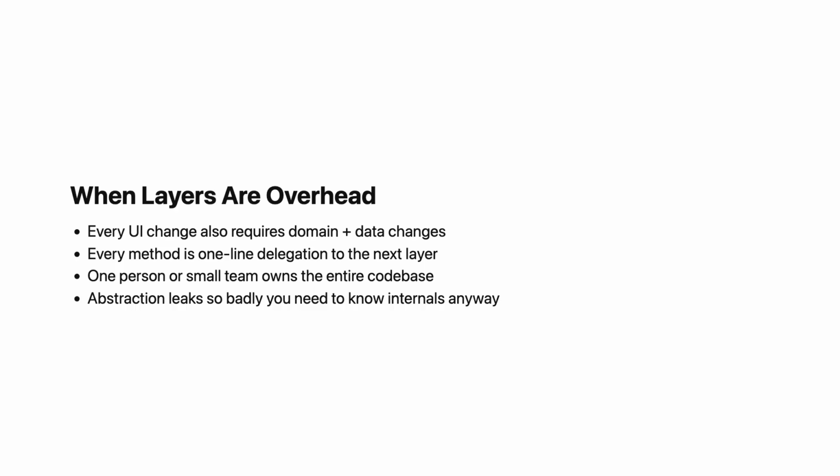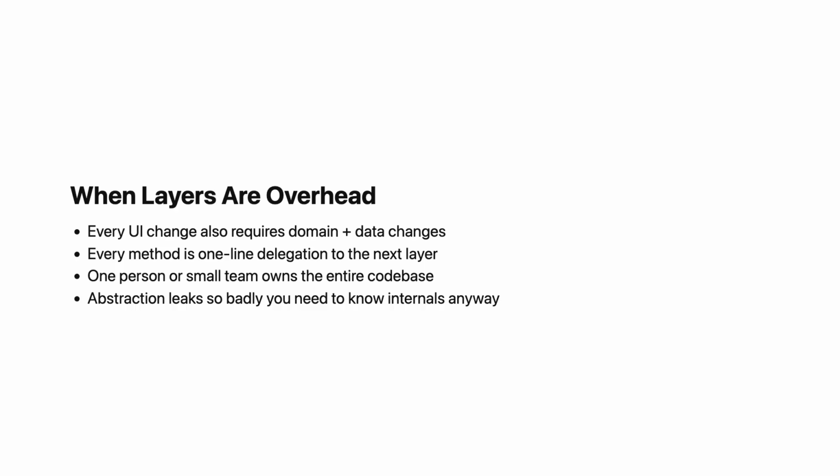Here is what pragmatic layering looks like. Start with 2 layers, presentation and data. Your view model handles UI logic. Your repository handles data fetching, caching, and coordination. That is your starting point. When your view model starts doing things like combining data from multiple repositories and applying business rules, extract that logic into a use case or domain service.